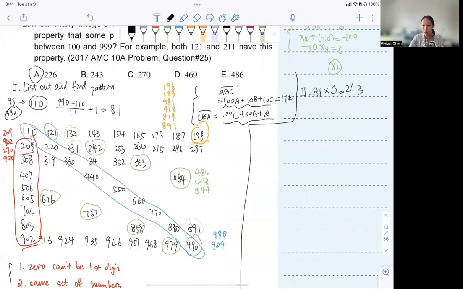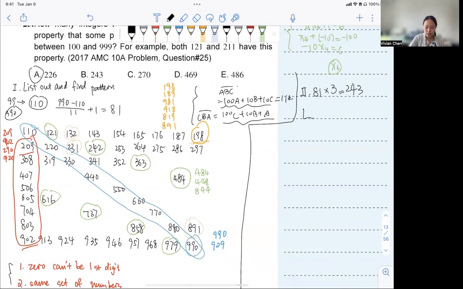This gives us 243. And you know that there will be cases where there are 0, because you already know that 110 and 990 are multiples of 11, so they will not have as many permutations as the average of 3.